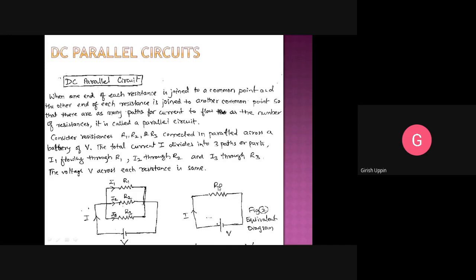So if I apply Ohm's law here, V is equal to I into Rp. What I want is I by V. I by V is nothing but 1 by Rp. From equations 1 and 2, we have the same I by V. Therefore, 1 by Rp is equal to 1 by R1 plus 1 by R2 plus 1 by R3.